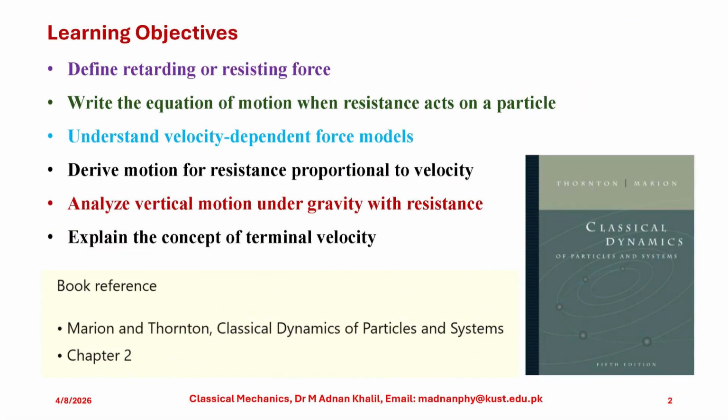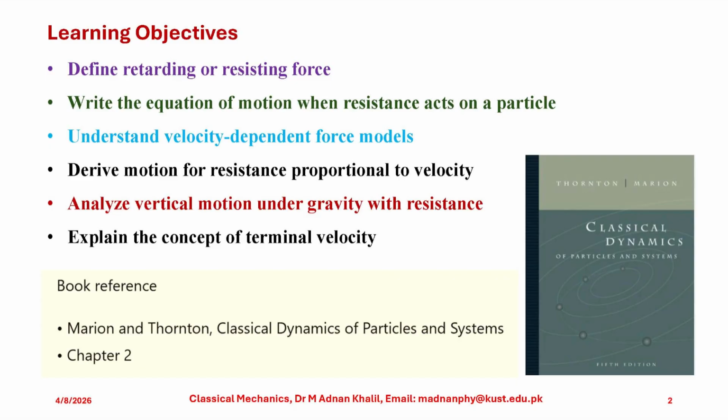In this lecture, our goal is to understand what a retarding force is and how it modifies a motion. We will write the equation of motion when a resistance acts on a particle, and we will see that in many practical cases the resisting force depends on the speed of the object.